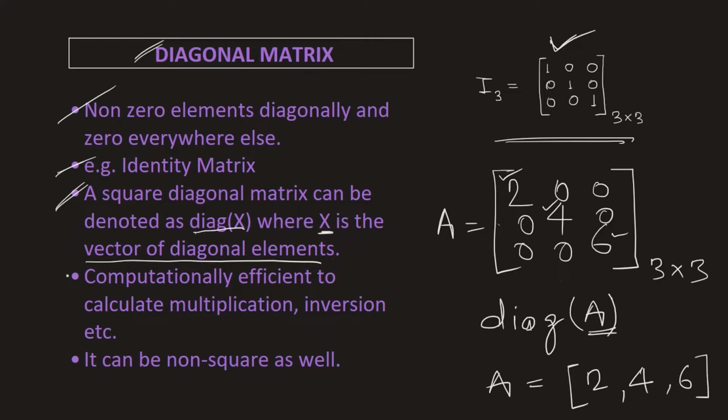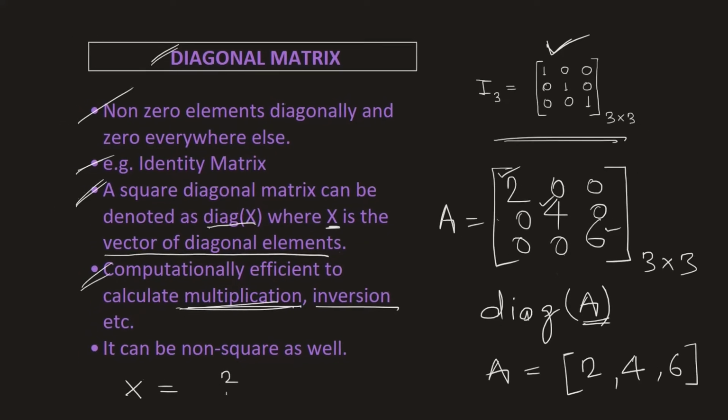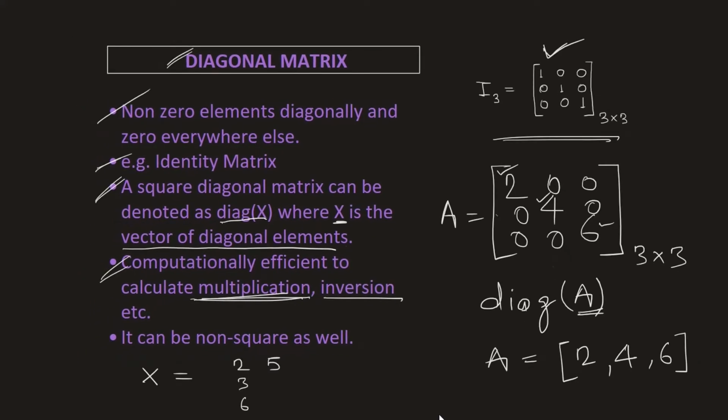Okay, moving forward, it is computationally really efficient to calculate the multiplication or inversion of a diagonal matrix. So first let's understand how it becomes easier to calculate the multiplication in case of a diagonal matrix. Let's consider a matrix X of shape 3 by 3, and I will put random values like 2, 3, 6, 5, 8, -1, 9, 2 and 7.